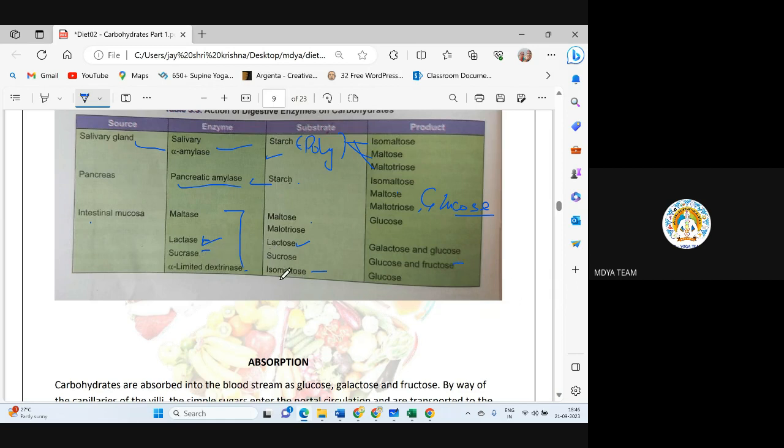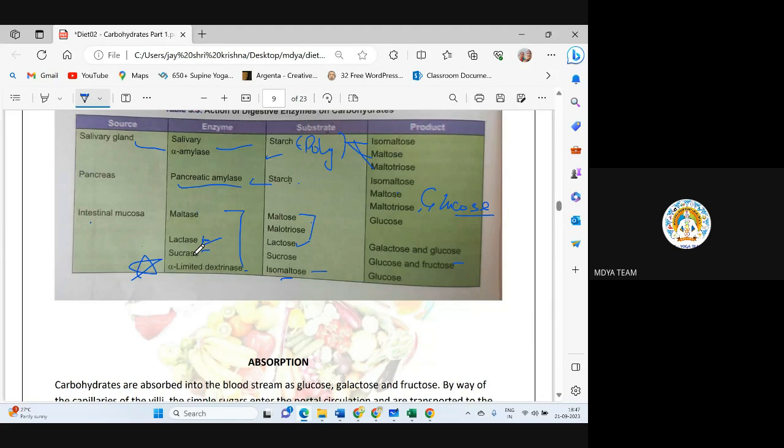And this you have to remember: maltose and maltotriose are broken down by maltase, but isomaltose is broken down by alpha limit dextrinase. This small variation you should remember, because this variation only comes in paper.